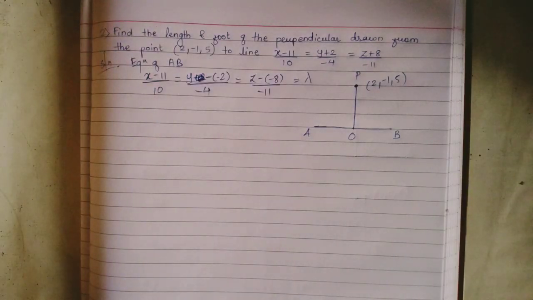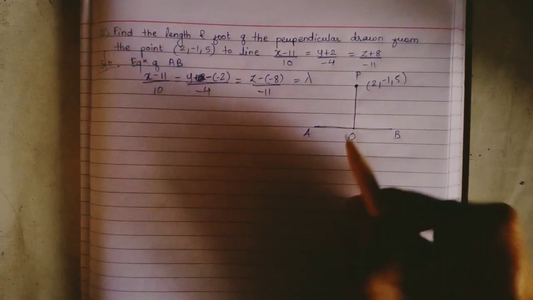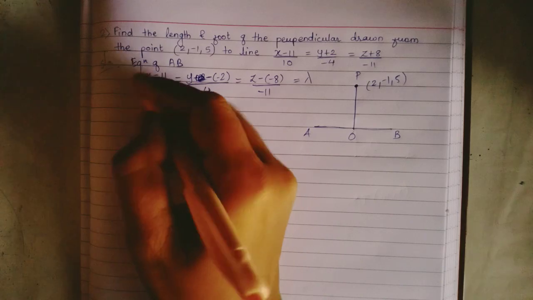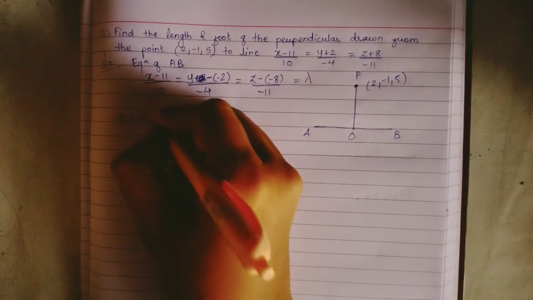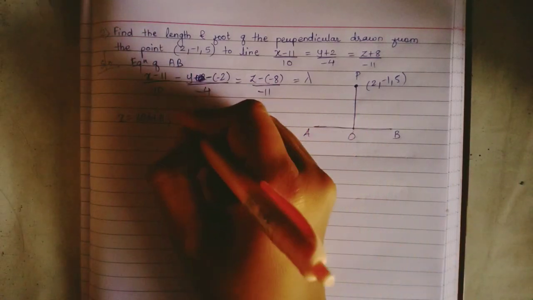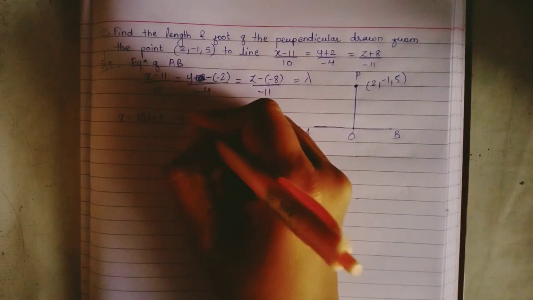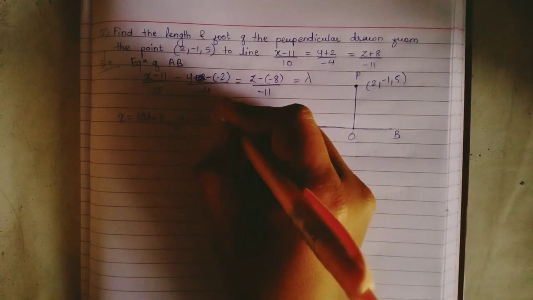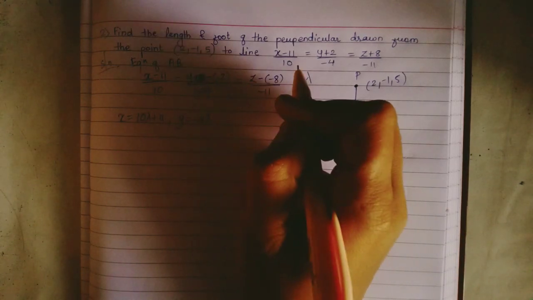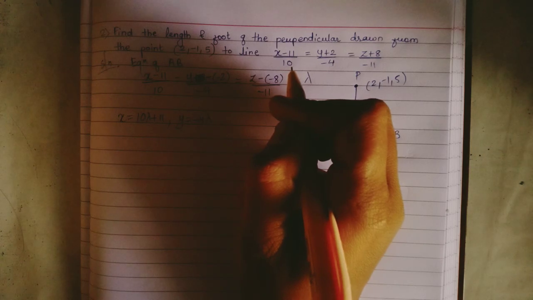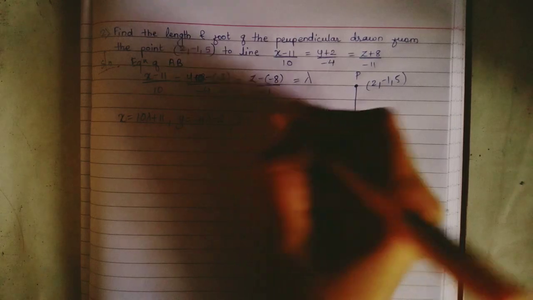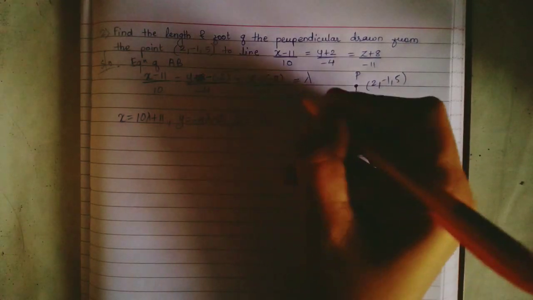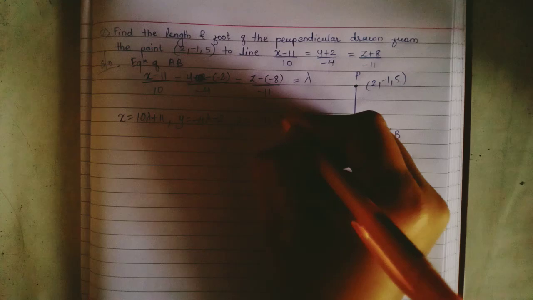So this thing you have to equate to some lambda, so that you will get this point, that is point O. So your x is 10 lambda plus 11, y is minus 4 lambda minus 2, z equal to minus 11 lambda minus 8.